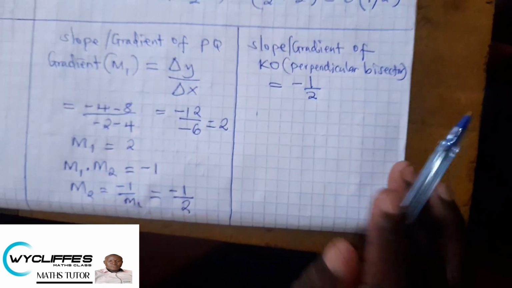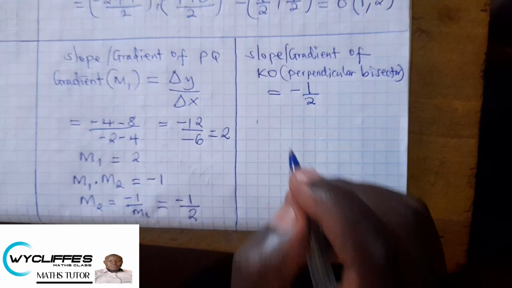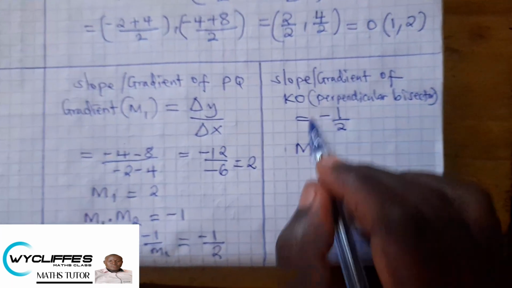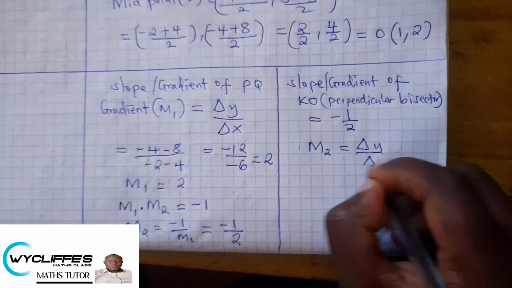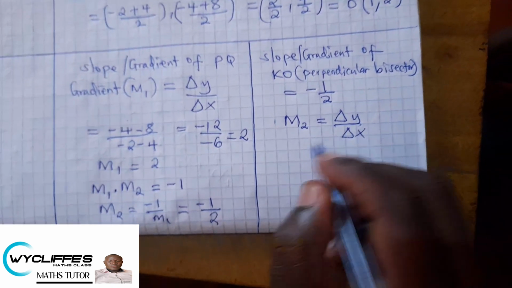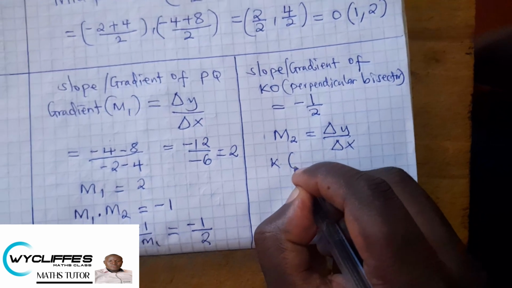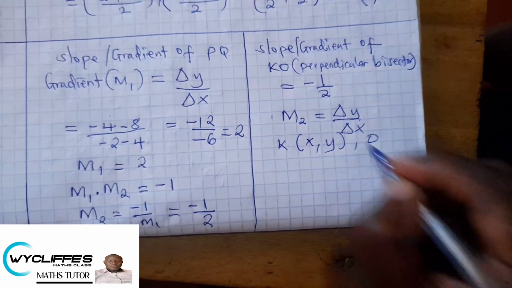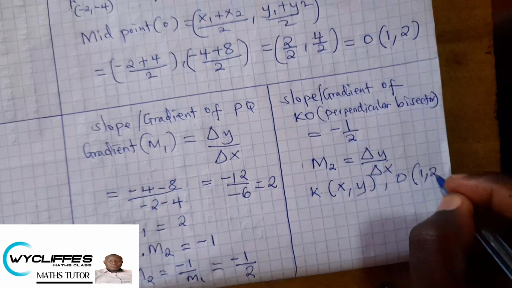Using the gradient formula, the gradient M2, which is negative a half, is equal to change in y over change in x. We don't know the coordinates of point K, so let them be (x, y). And O is (1, 2).